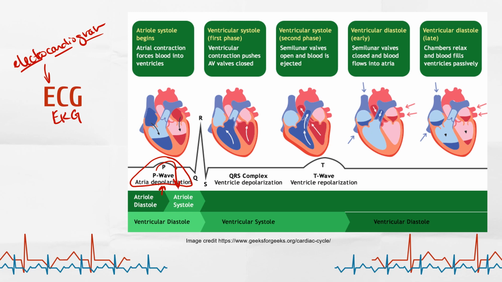We then have what's called the QRS complex. The QRS complex is going to cause the ventricles to depolarize. That sets off the systole contraction of the ventricles. The T wave is this tiny little wave that follows, where we have the ventricle kind of going back to normal so that it can contract all over again.